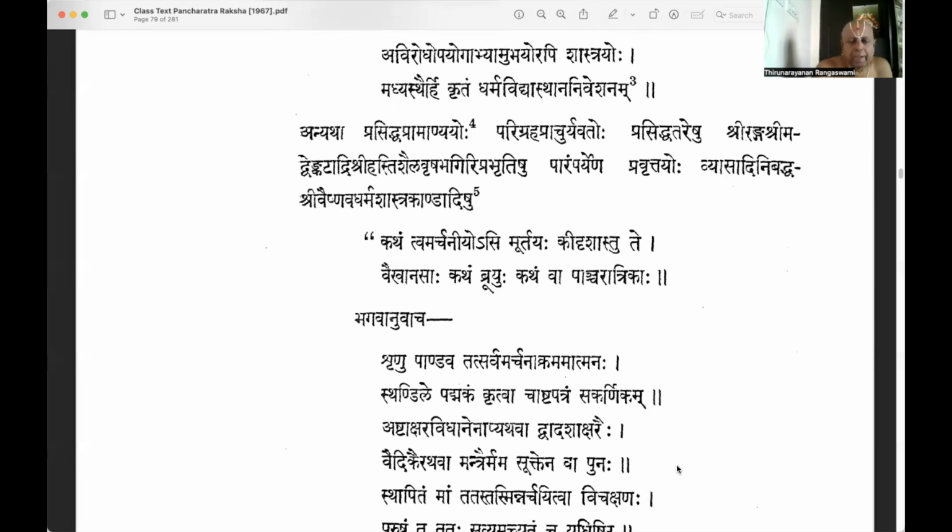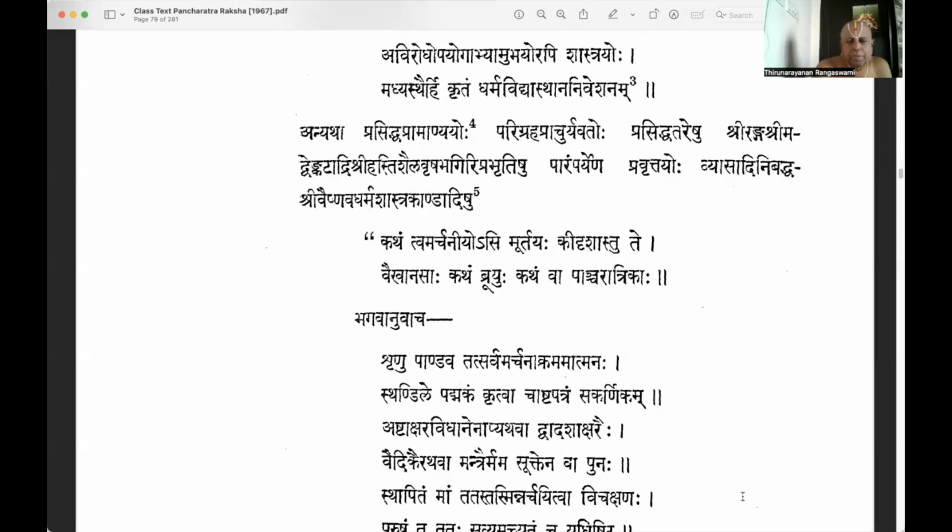But they are very careful in seeing that there is no contradiction between the procedures. Avirodha upayogabhya. No contradiction. Virodha, enmity, contradiction. Avirodha, no contradiction. Upayoga, in the usage. Ubhayoho shastrayoho, between these two shastras, namely Pancaratra and Vaikhanasa. Anyatha, otherwise, prasiddha pramanyayoho.